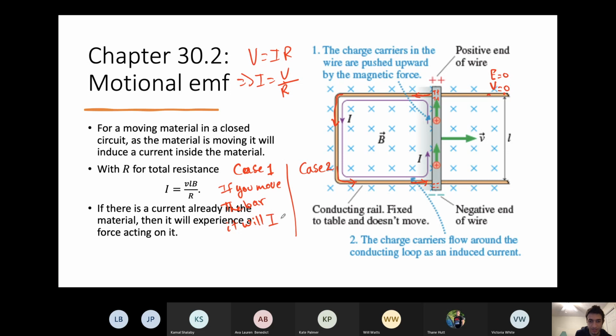It will have an I in it, okay? But in case two, if you put a current, if you put I in the bar, the bar will move. Okay. Does that make it a little bit better? If yes, raise your hand.